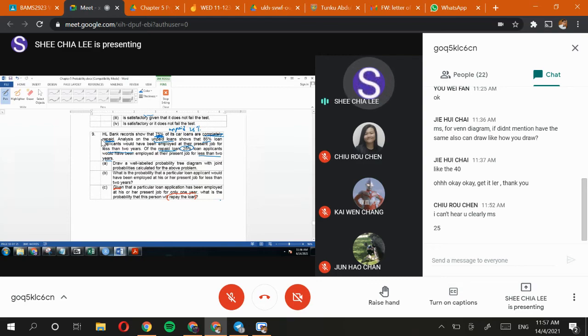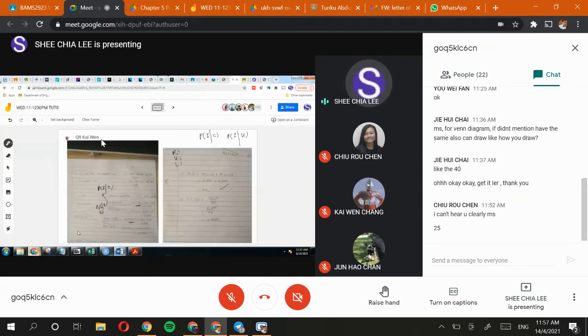The next one: given that a particular loan applicant has been employed at his or her present job for only 1 year. Only 1 year means less than 2 years. What is the probability that this person will repay the loan? Probability of completely repay given less than 2 years.